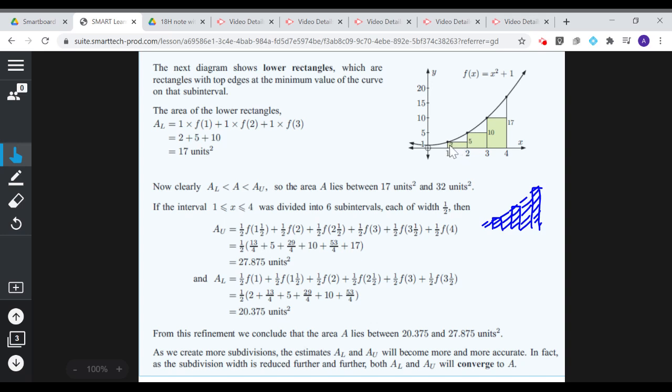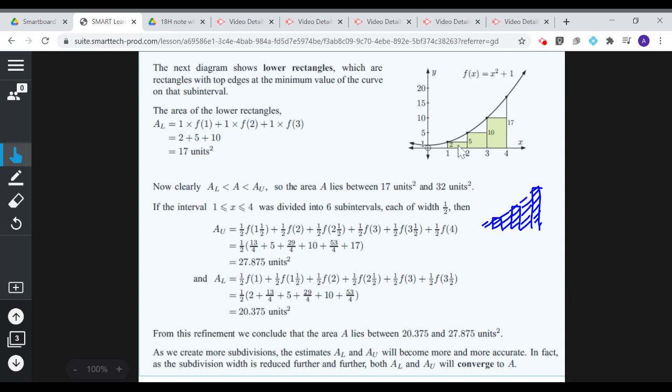This one would have an area of 1 times 2, this rectangle would have an area of 1 times 5, this rectangle would have an area of 1 times 10, so I'd have 3 areas, 2 plus 5 plus 10, and I'd have 17 units squared. But I can see that this method of rectangles underestimates the area, because there's all this empty space here that I'm not accounting for. So I know that 32 units is too much, and 17 units is too small. So the answer's got to be in between them.